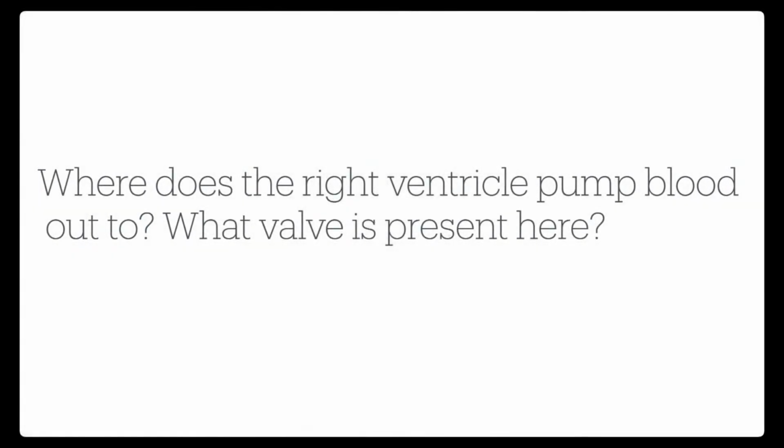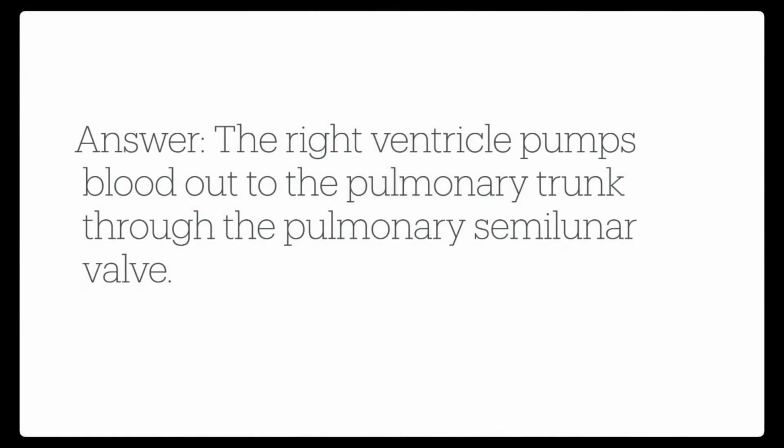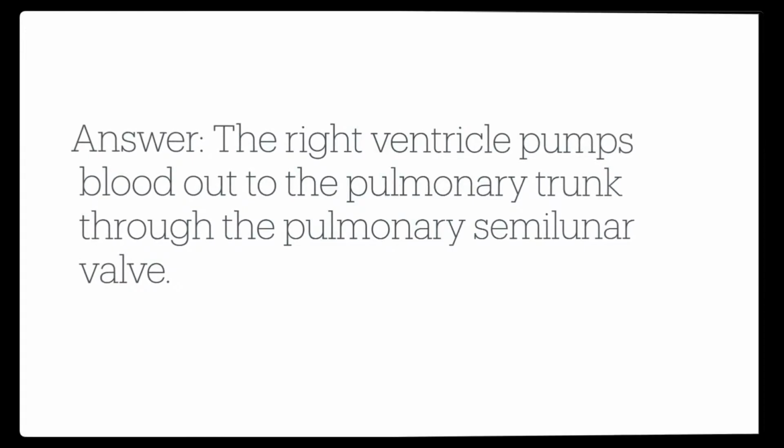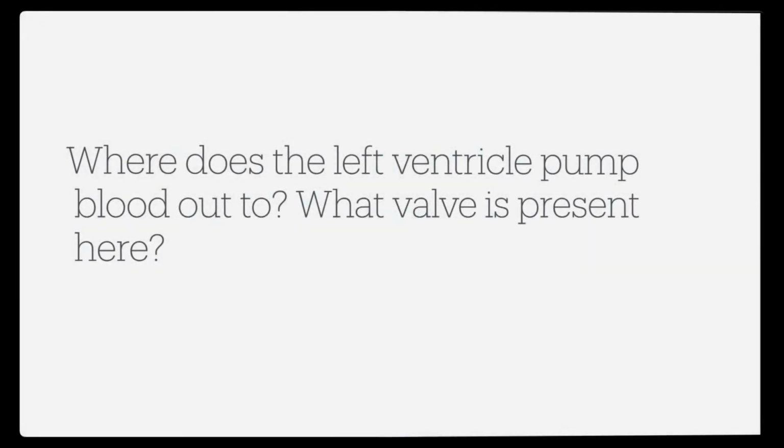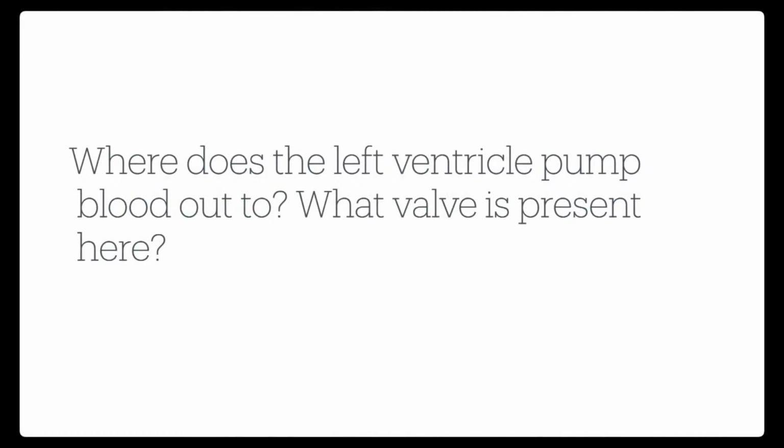Where does the right ventricle pump blood out to? What valve is present here? Good. That's right. The right ventricle pumps blood out to the pulmonary trunk through the pulmonary semilunar valve. Where does the left ventricle pump blood out to?